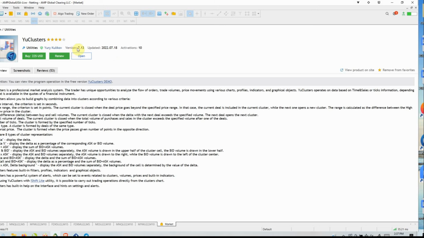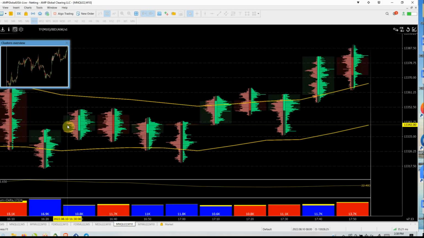This is the 7th version of it, so he does update it, which is really nice that he's still making improvements to the indicator. But this is U Clusters, which I found on MetaTrader 5 is the simplest one to use and configure. There are other ones available.